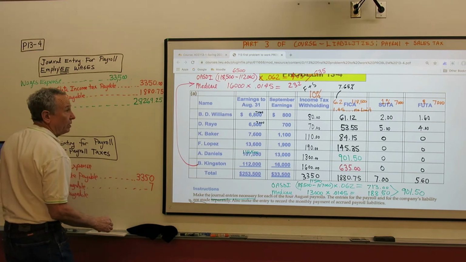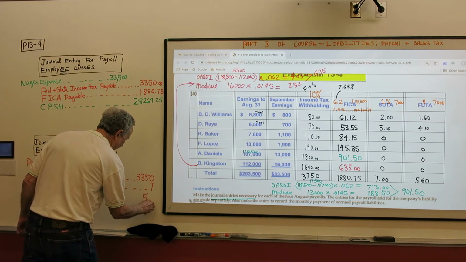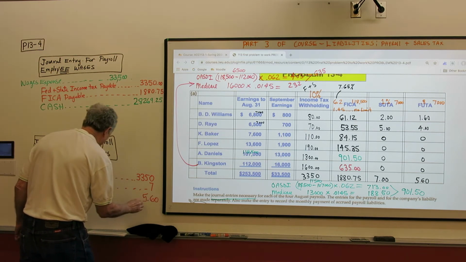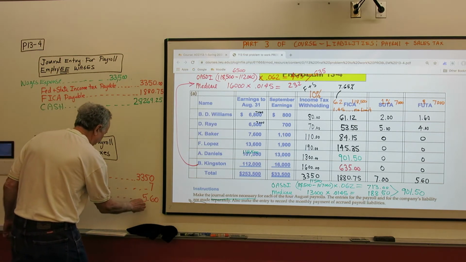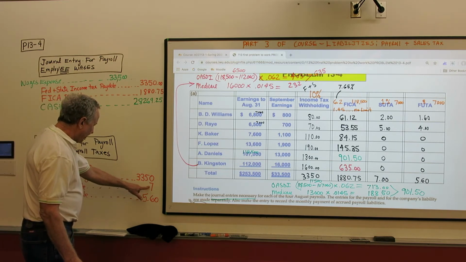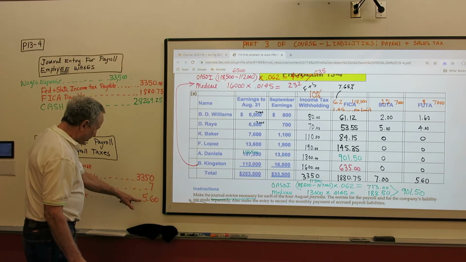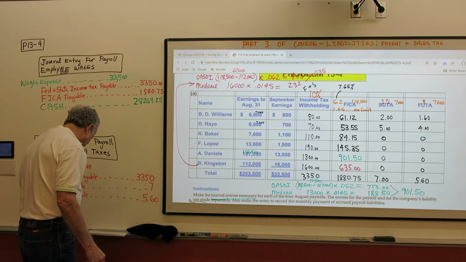Is that SUTA? SUTA is the 7, and the FUTA is $5.60. Now, if I add this up, $33.50, $7, that's going to be $3.50, $3.57, $3.60, $2.60. I think that's right.